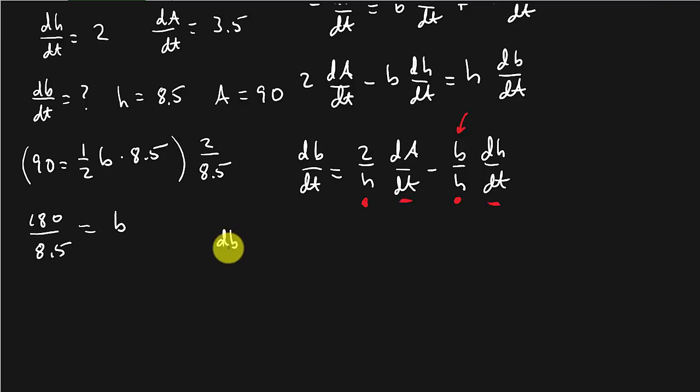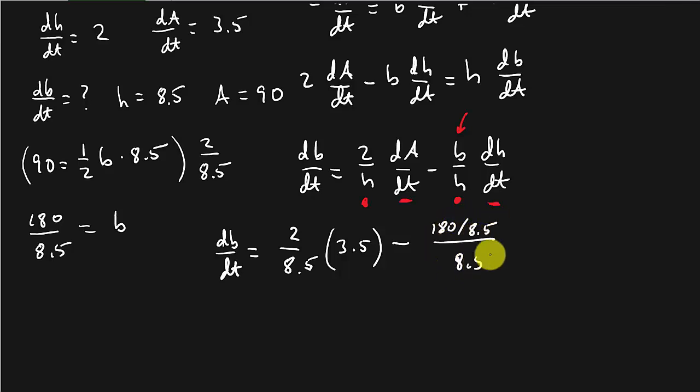So I've got dB/dt is equal to 2 over H times dA/dt, which is 3.5, minus B, which is 180 over 8.5, over H, which is 8.5, times dH/dt, which is 2.